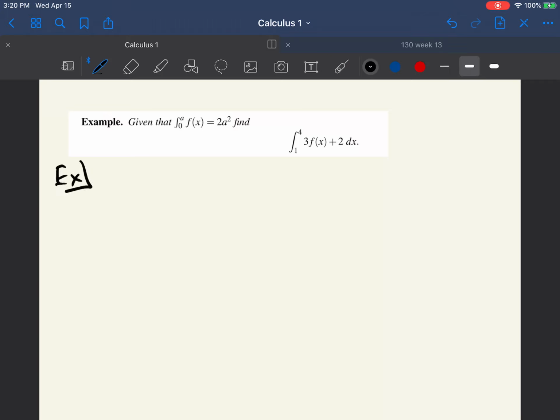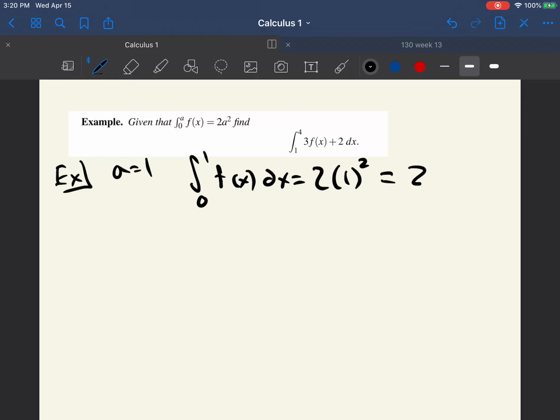Okay, so for example, we could say a equals 1, right? And then this formula is telling us the integral from 0 to 1 of f of x dx is 2 times 1 squared, and do the arithmetic on that, you get 2. You could also do maybe a equals 2, right?